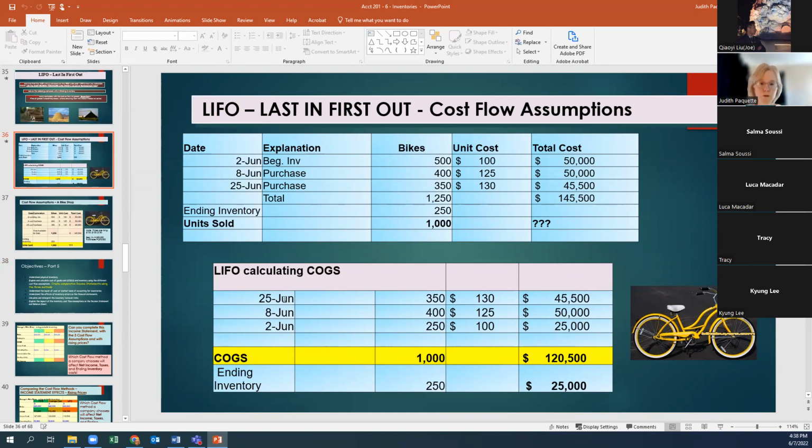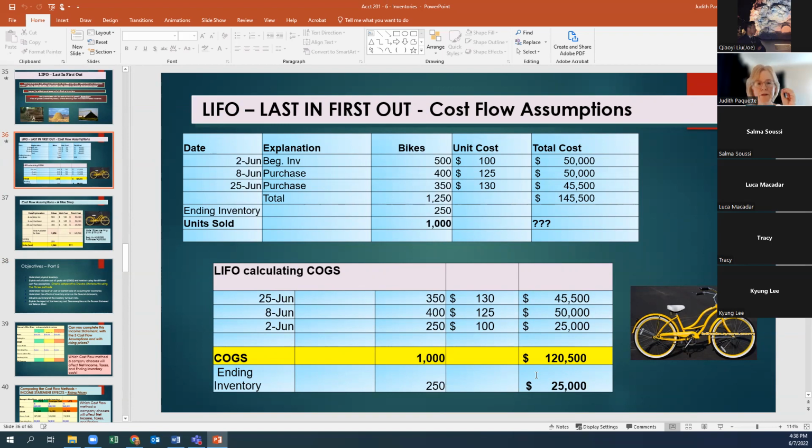So June 25th, June 8th, June 2nd. I'm going to pull everything from June 25th, everything from June 8th at that cost point. And then on June 2nd, I'm only going to take 250 out of the 500 at the $100 price point. My cost of goods sold in this example is 120,500. What's left at this price point is 250, also at 100, and that's 25,000.